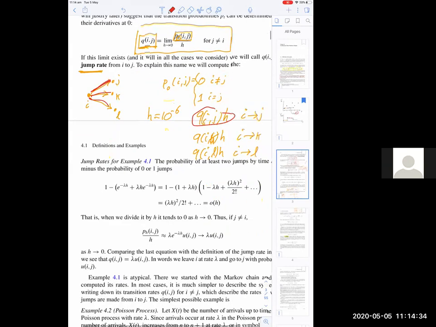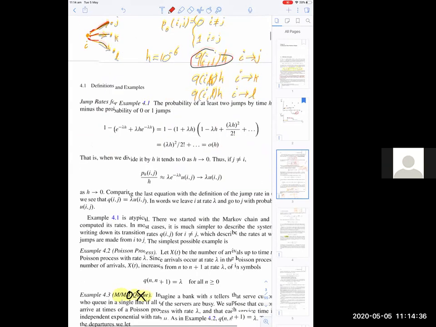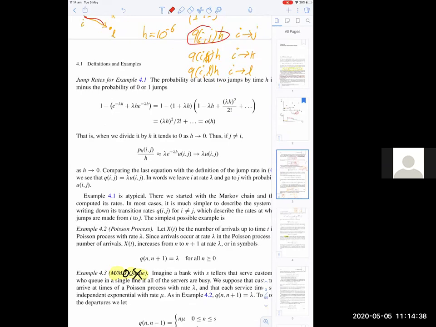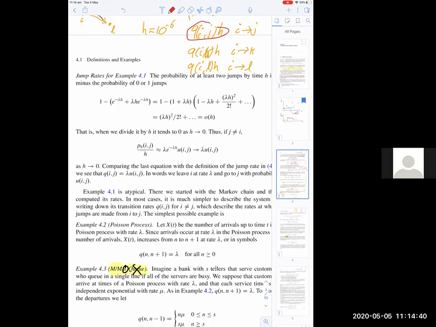As you describe these things, we'll see the notation of little o of h popping up. Who here has seen big O notation, little o notation?